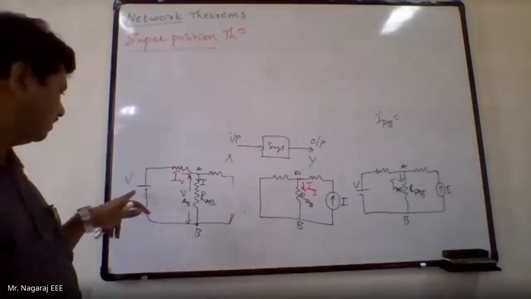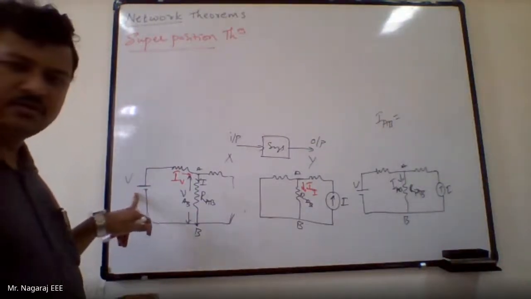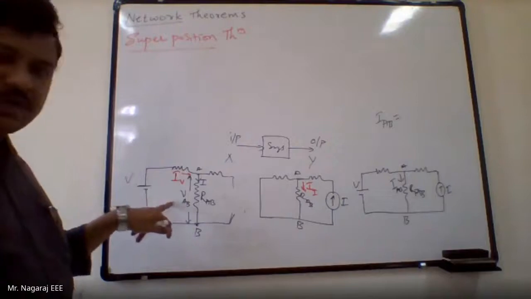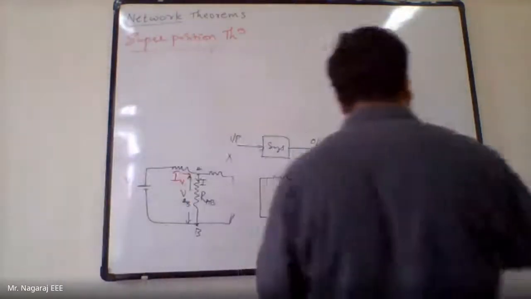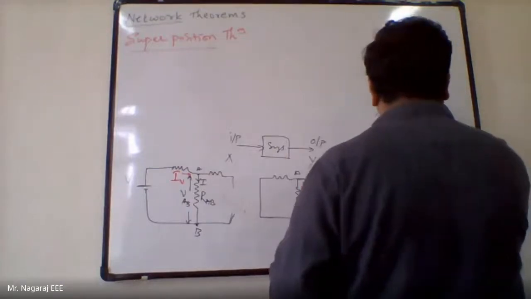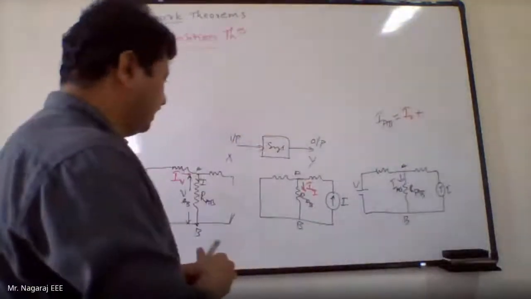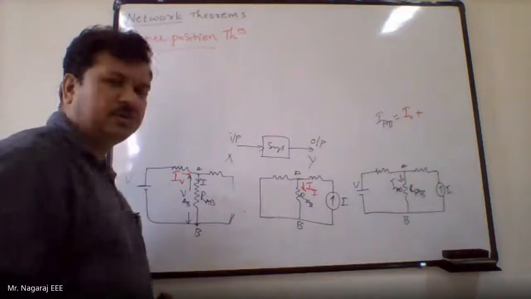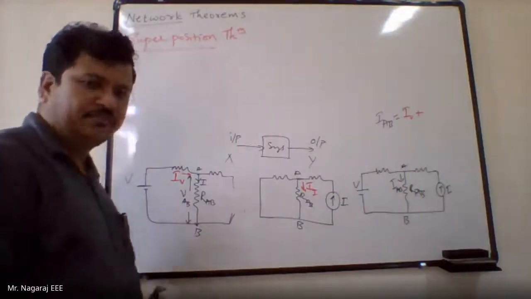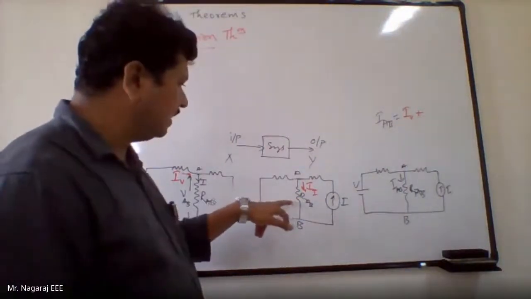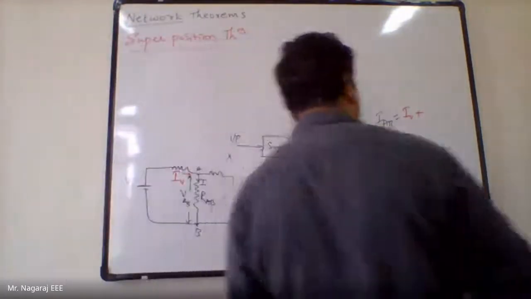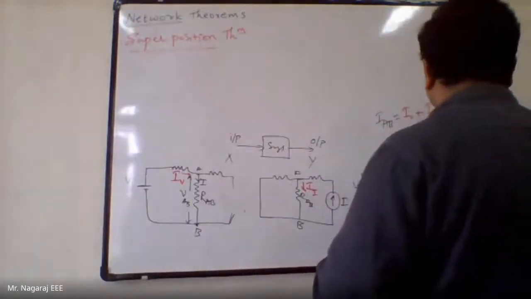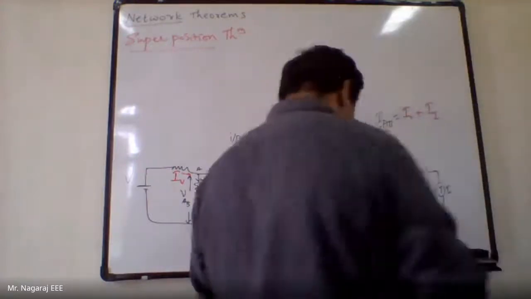So when the voltage source was acting on its own, only the voltage source was acting in the circuit, whatever current I have found out, that is IV, plus. In the second case, I made the voltage source inactive, that is 0. Then I took the current in this RAB with only the current source. So that is II. So this is my total current.